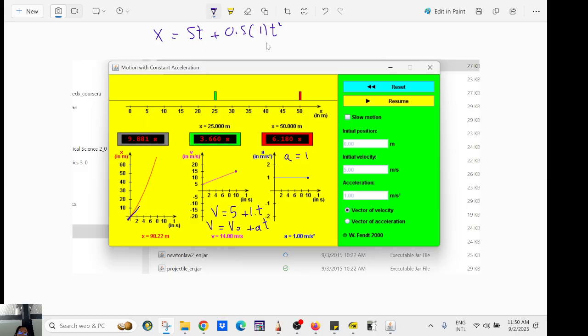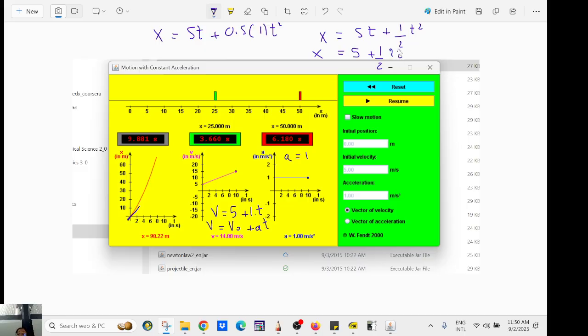Why? But why the 0.5? Okay, let's see why. Why do we have a 0.5? Can you take the derivative of that? Okay, so what's the derivative of 5t? 5, very good. Plus 1/2. What's the derivative of t squared?